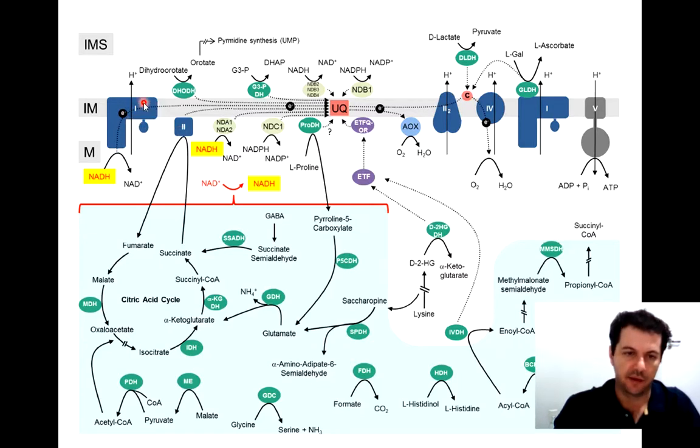Here we have the system of electron transport of the mitochondria: complex 1, complex 2, 3, 4, and here you have the ATP synthase. Note that the structure is more or less the same as the ATP synthase of the chloroplast, and the mechanism is very similar. What is the difference between photosynthesis and respiration?